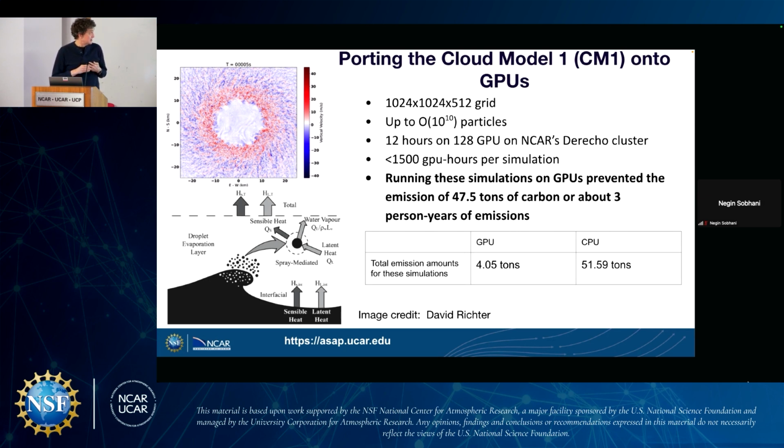So again, using the GPU, we reduced emissions by 47.5 tons of carbon versus a CPU-based solution.